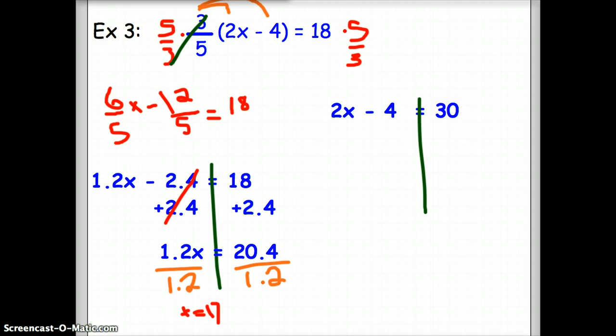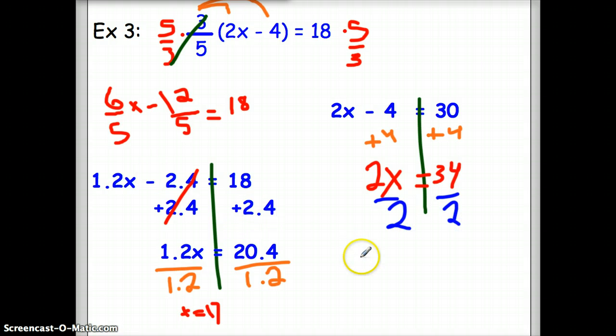Inverse operations, to get rid of the subtracting by 4, I'm going to add 4 to each side. That leaves me with 2x equaling 34. Divide both sides by 2 to get rid of multiplication by 2.